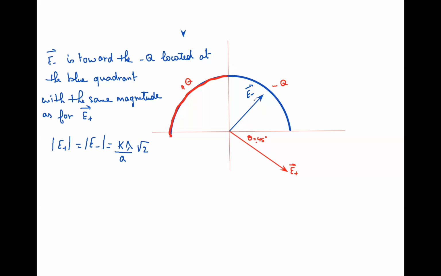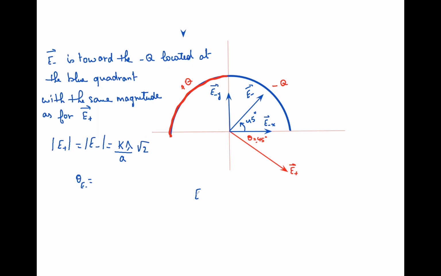But the direction of E minus: you know that E minus has the x-axis here and the y-axis here, and the angle must be equal to 45. We have E minus x is positive, E minus y in the positive direction.